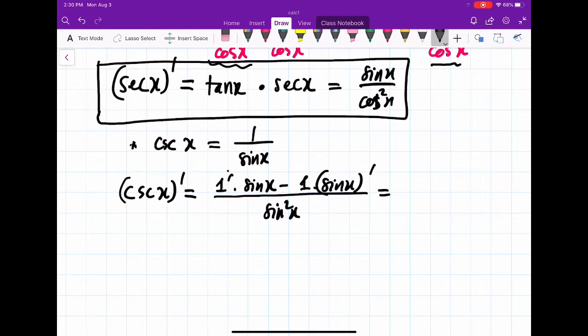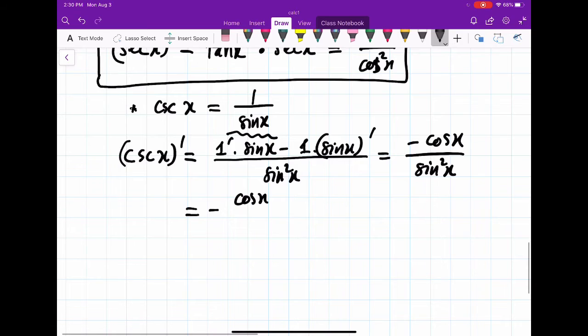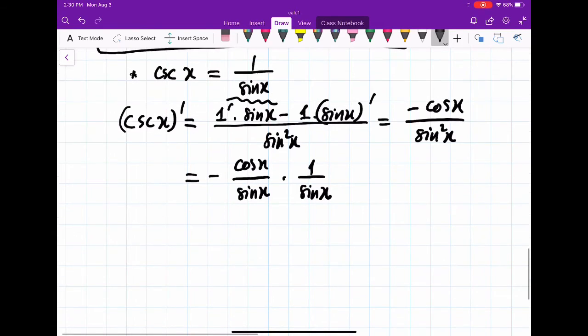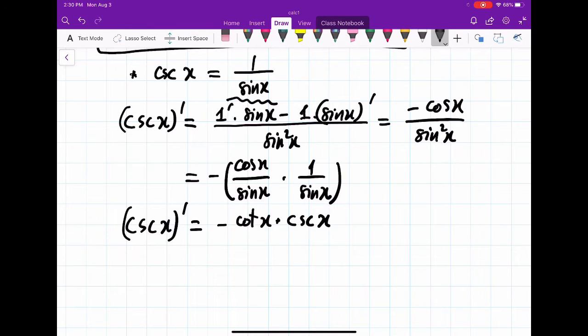And again, the first term is 0 because the derivative of 1 is 0. The second term is negative cosine of x over sine squared of x. And what is that? You can write it as negative cosine x over sine x times 1 over sine x, right? Then that is negative cotangent x times cosecant x. Is that correct? Because this is cosecant and this is cotangent. So that is the derivative of cosecant.